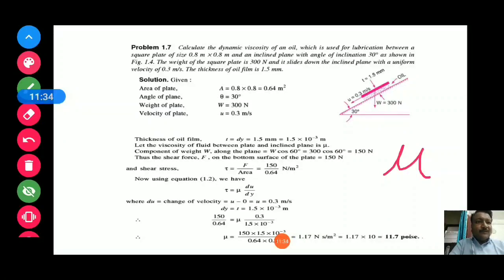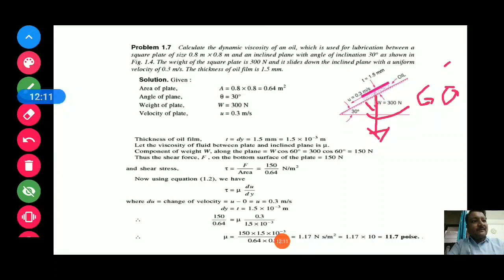Component of the weight W along the plane. Now see, the weight of the plate is acting perpendicular to the plate, and we have to find the component of the weight that is acting along the plane, that is along 30 degree. If you extend the weight component, you get the angle as 60 degree, which forms a right angle triangle.